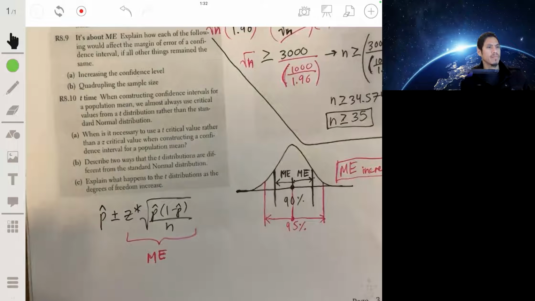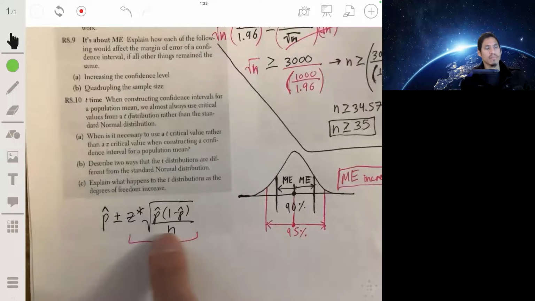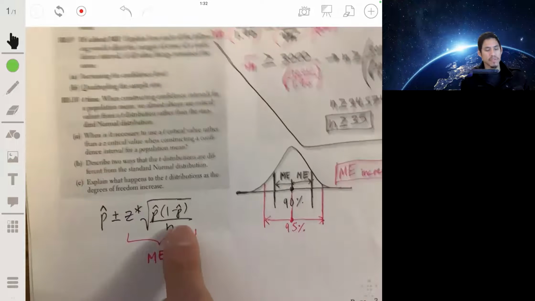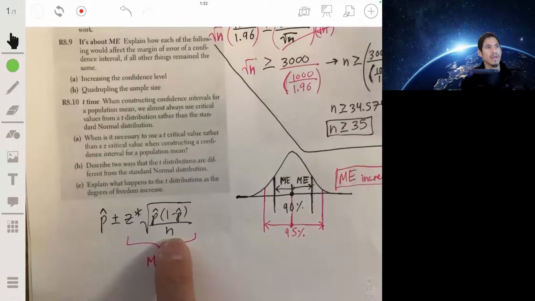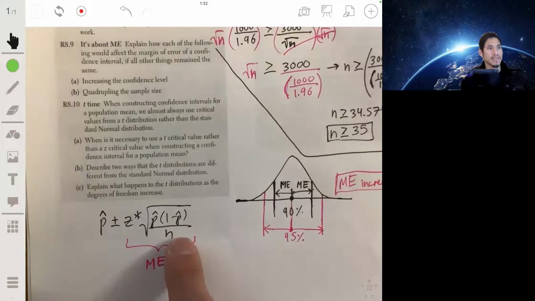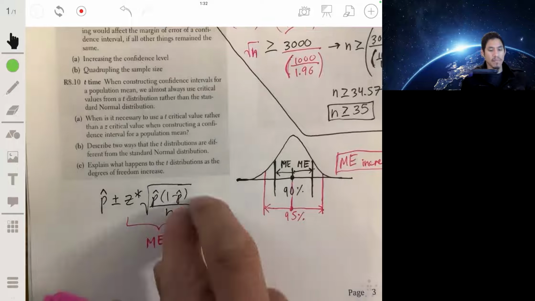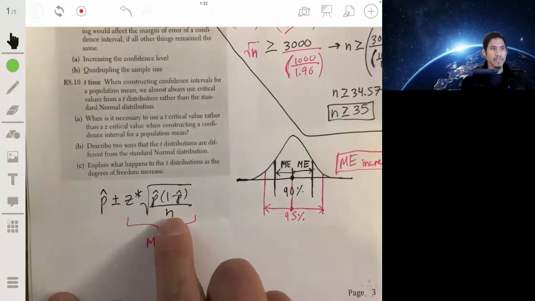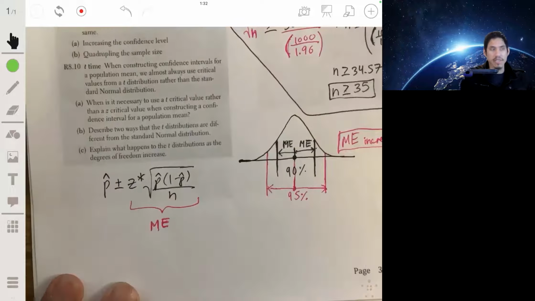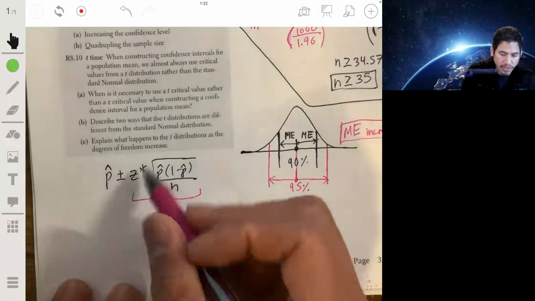Now let's think. So let's say this is a sample size n. We don't know what n is. We'll just call it n. n could be anything. Now, if we're going to quadruple the sample size, let's compare this to the margin of error where we have 4 times n. We only care about this part.